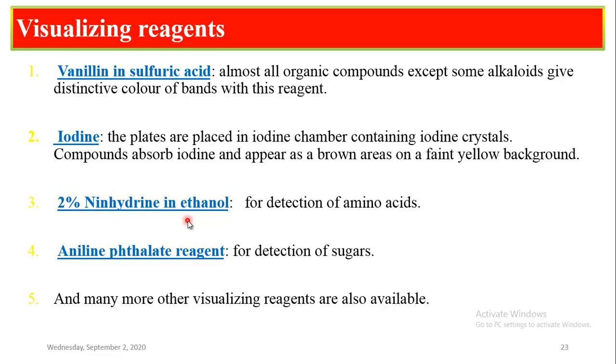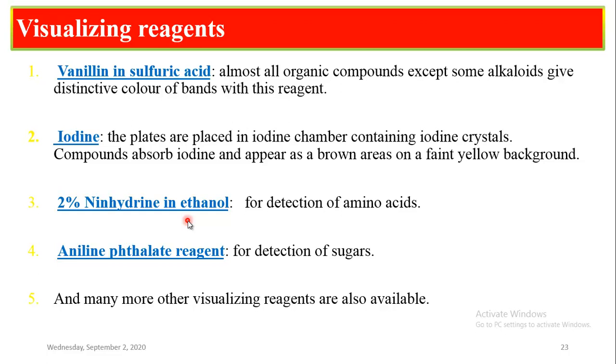First, vanillin in sulfuric acid. Almost all organic compounds except some alkaloids give a distinct color of the band with this reagent. So it is mostly used as a visualizing reagent. And after that, iodine. The plates are placed in an iodine chamber containing iodine crystals. Compounds absorb iodine and appear as a brown area on a faint yellow background, mostly used for detection of carbohydrates, starch.